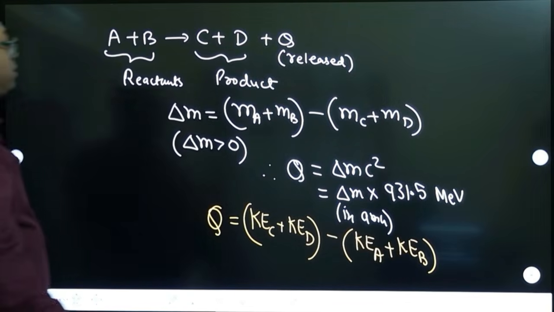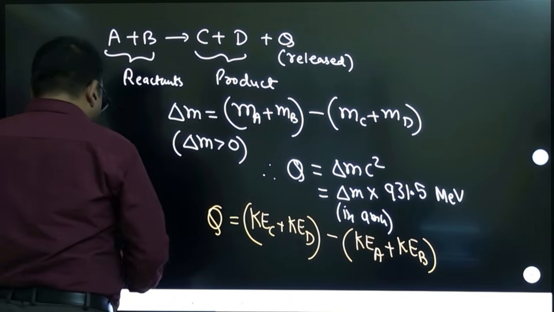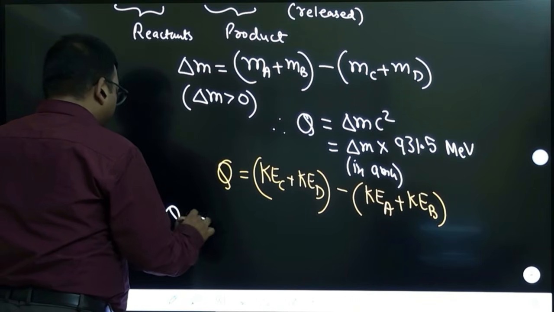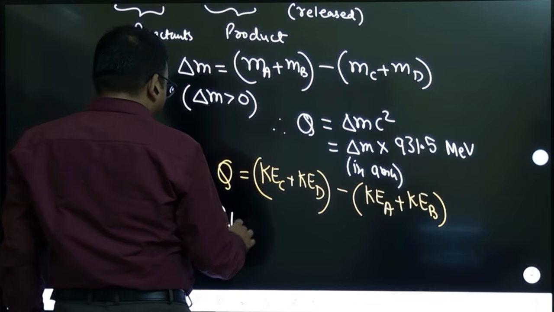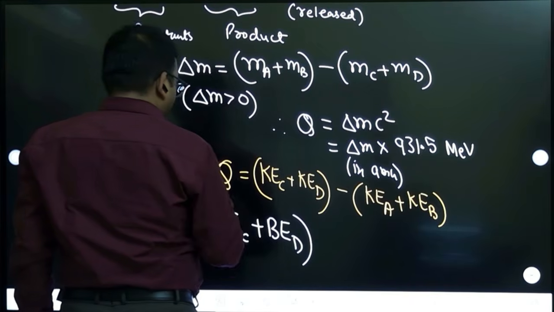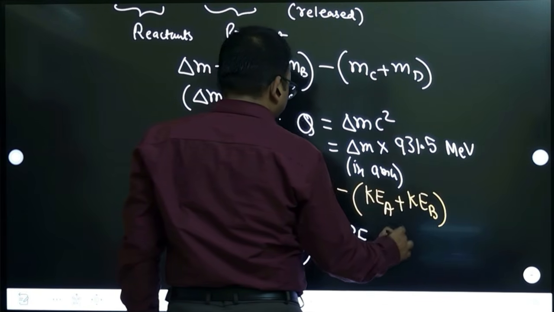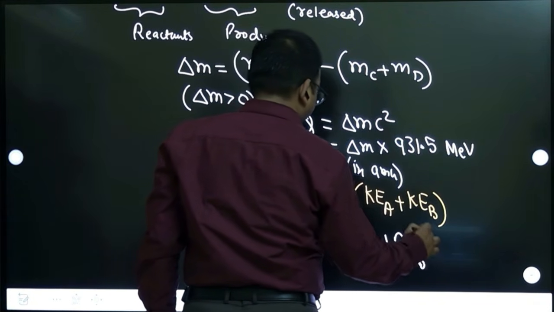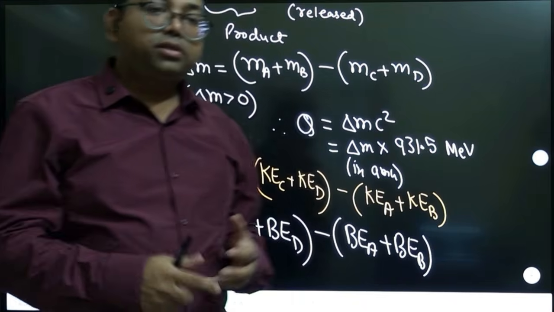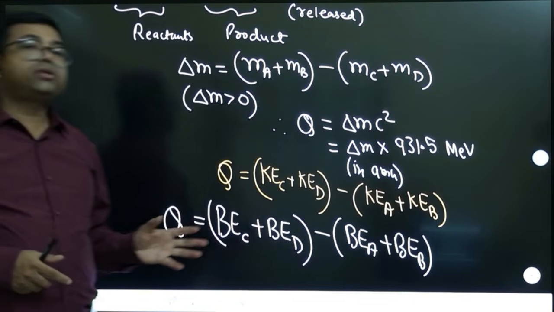But note a very important thing: this Q value can also be calculated in terms of binding energy. So it is binding energy of C plus binding energy of D minus binding energy of A plus binding energy of B. Again, here Q is going to be positive because Q is heat released. Heat released, Q has to be positive. Like this, we are going to calculate Q value.